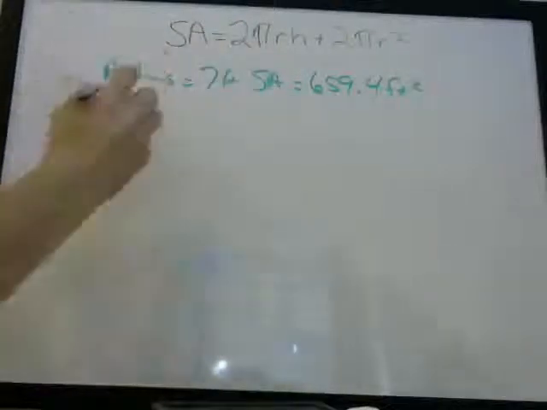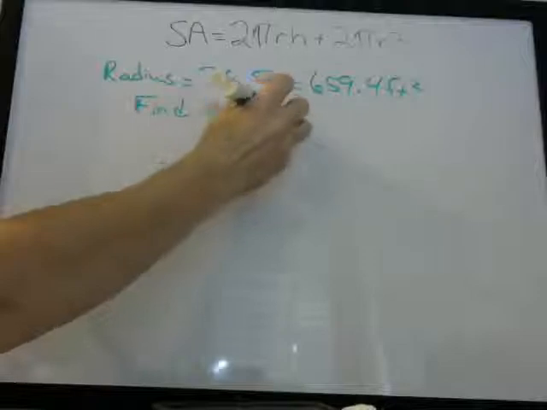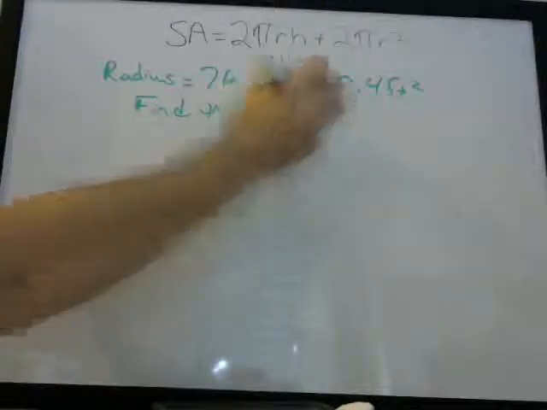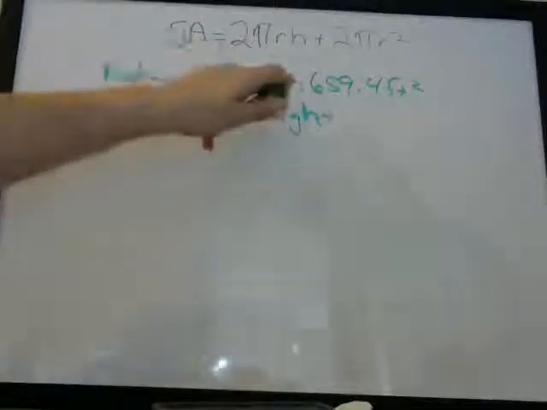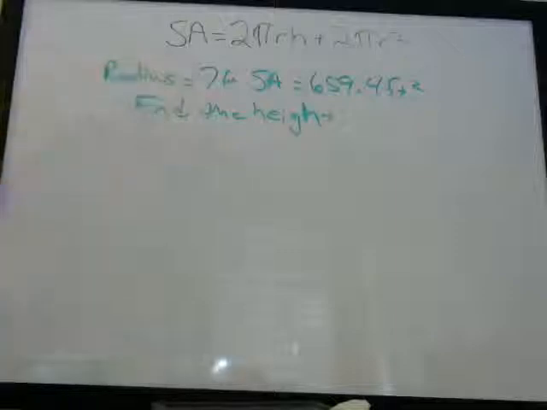The question is, find the height of the cylinder. We're not trying to find the surface area, they're giving us the surface area. They want us to find the height, find h. So this is going to be essentially an algebra problem.